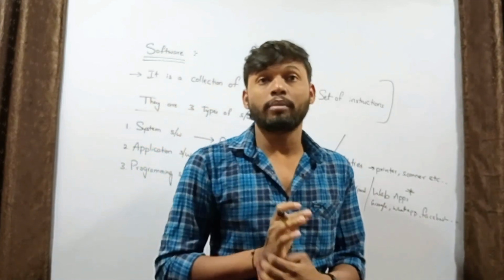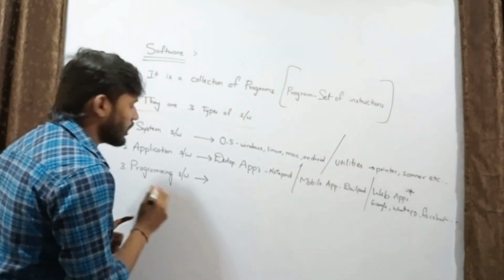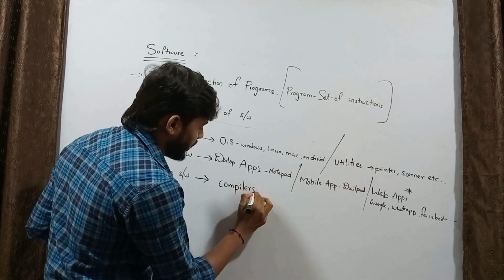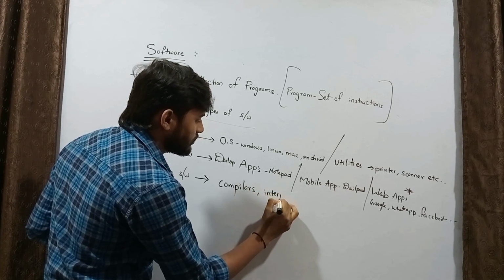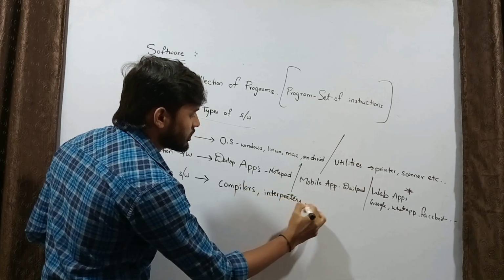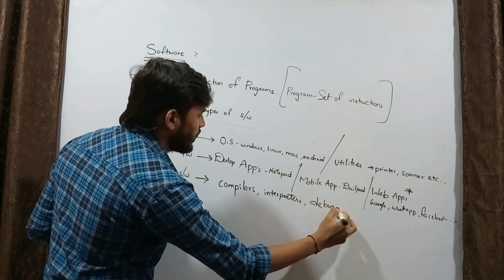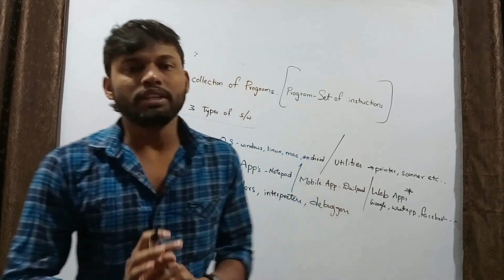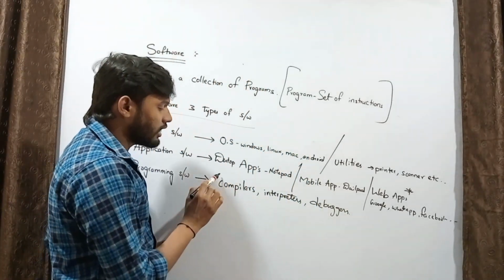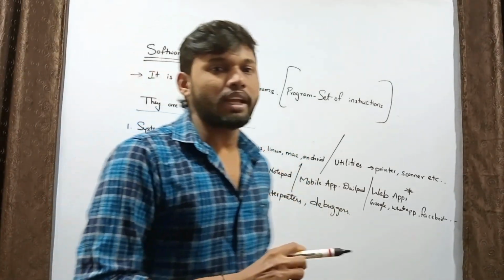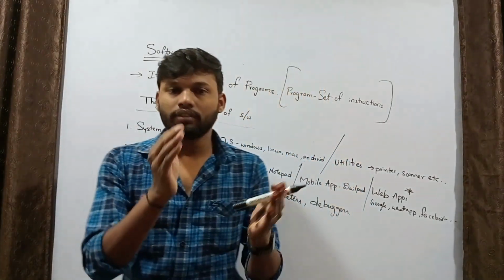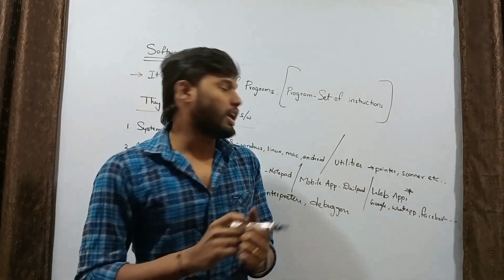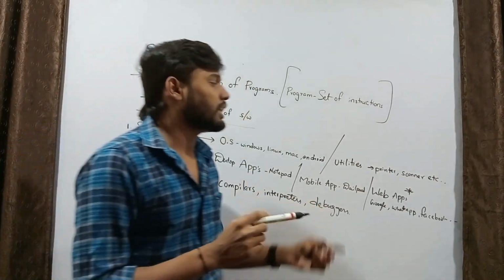So programming software are compilers, interpreters and debuggers. These all are used with any programming language to convert source code to byte code, or byte code to machine code.